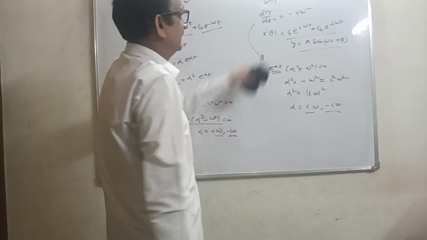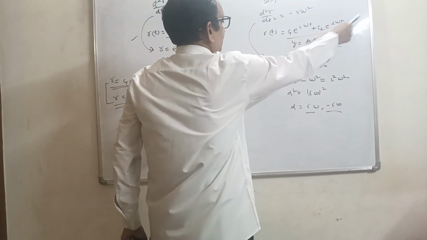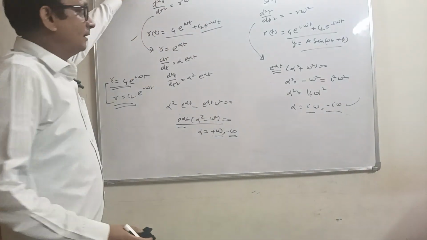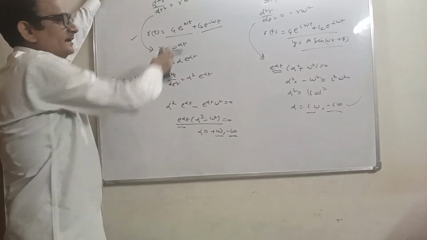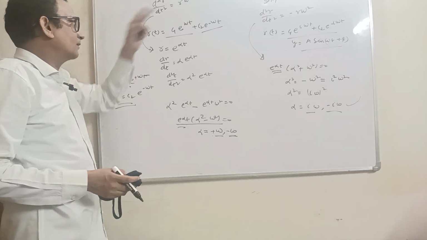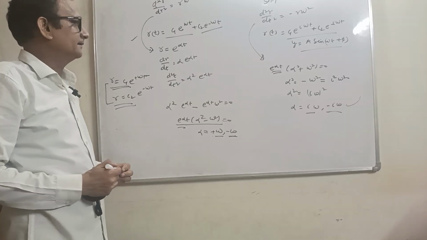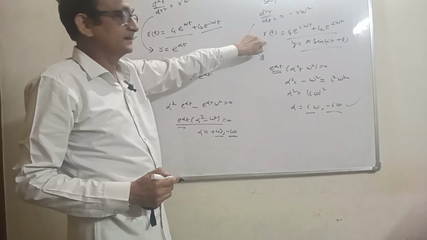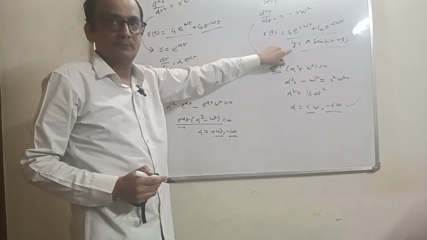Putting the values, by the superposition we get C1 e raised to power iota omega t plus C2 e raised to power minus iota omega t. This is the solution. So you have to remember these results. This is the procedure I explained, how we get the solution for this differential equation, but you should always remember these results, because this result is used in SHM while we derive the equation y is equal to a sin of omega t plus phi.